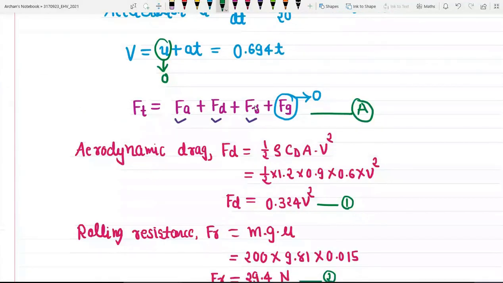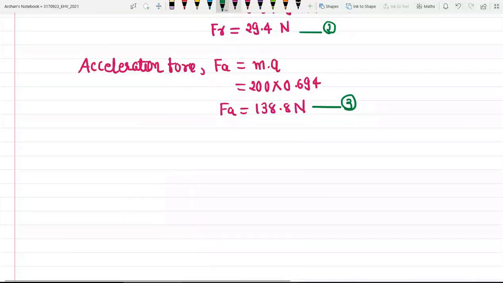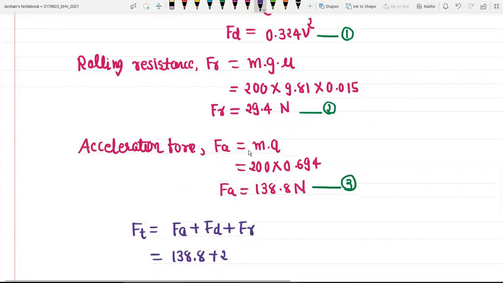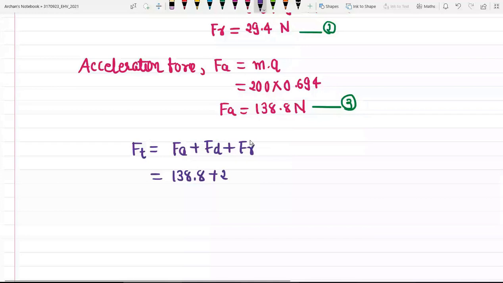Let us try to find out the total force. Ft equals Fa plus Fd plus FR. FA is 138.8 plus FD is 0.324 V square plus rolling resistance is 29.4.